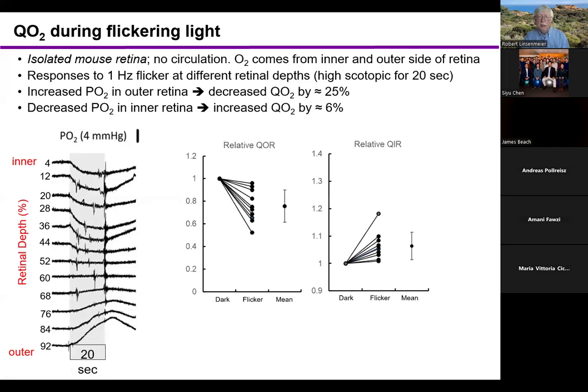Now, these had to be relatively modest amounts of light because in isolated retina, we did not have a retinal pigment epithelium, so we couldn't have regeneration of the pigment. But at the end of experiments, we sometimes used a brighter light to see what it would do. And the calculations indicate that with a brighter light, you can have an increase in inner retinal consumption of about 30%.